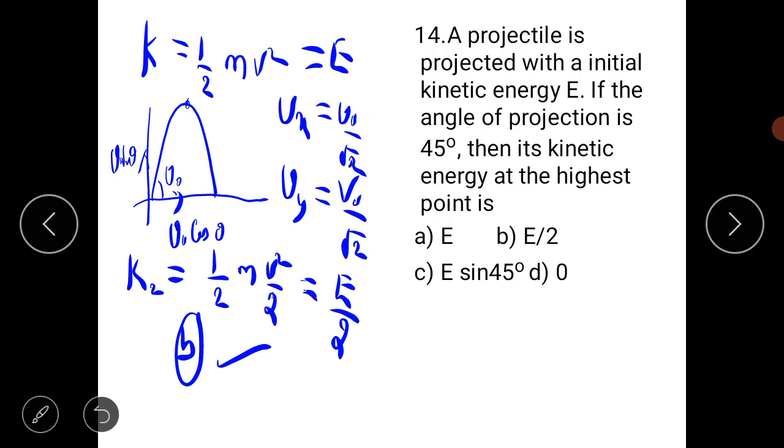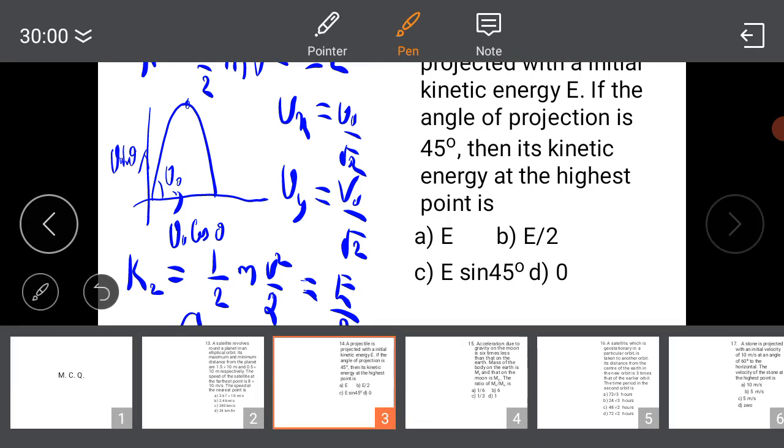The velocity at any instant of time: Vy equal to V0 sin theta minus gt, and Vx equal to V0 cos theta only. So for this, option B is the correct one. Go for the next question.